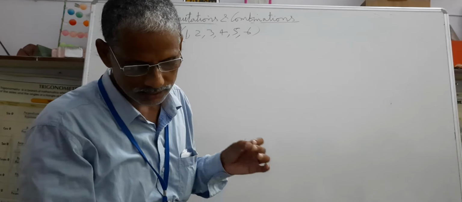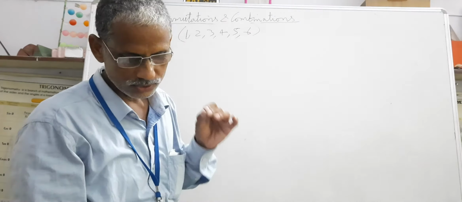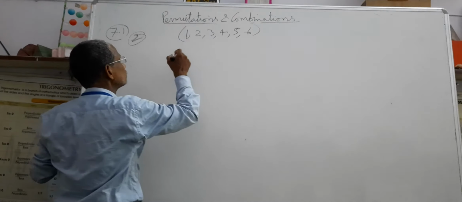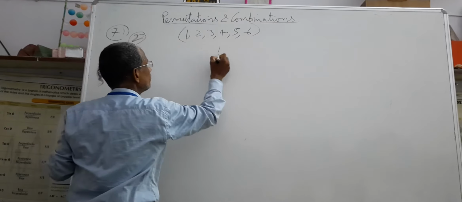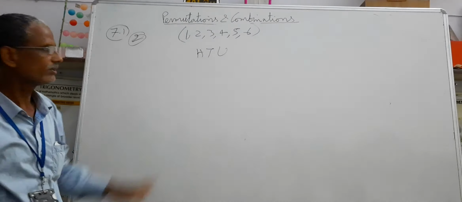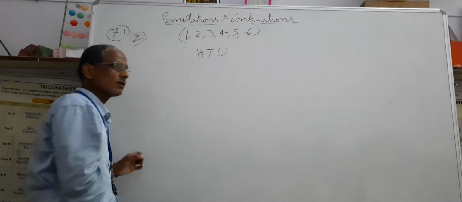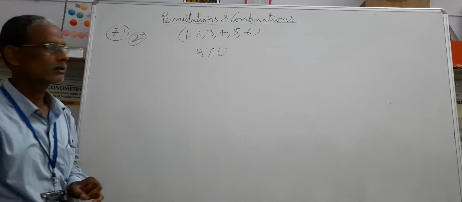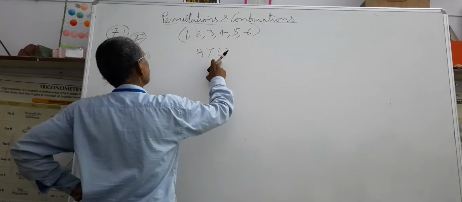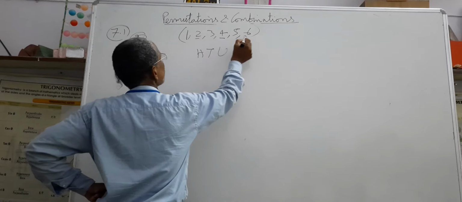If the digits can be repeated, now unit, 10, 100, 3 places are to be filled. Since in this case the number must be even, the unit place can be filled only with 2, 4 and 6.